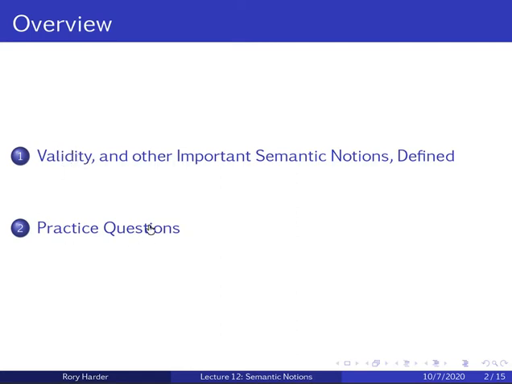And then after doing that, I'm going to work through some practice questions. And these are actually questions from the problem set. So I'm going to work through some questions to show how to apply the method of truth tables from the previous lecture to determining whether certain sentences have these semantic properties or not.